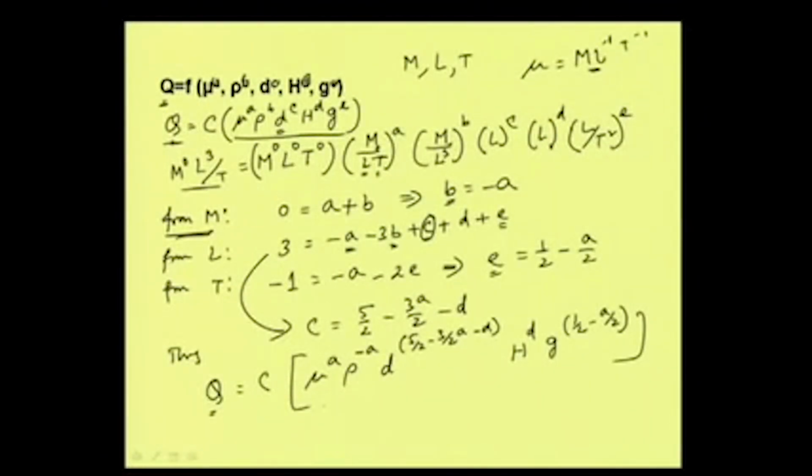So, this Q we can write in the form, just combining those things and separating those having the same exponent. If we separate, then we can write Q is equal to C by, say, pi by 4 root over 2, then mu by rho D to the power 3 by 2, G to the power half, all to the power A. That means all having exponent A we have separated on this side.